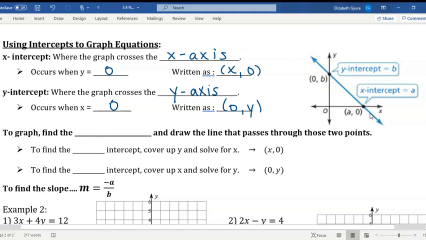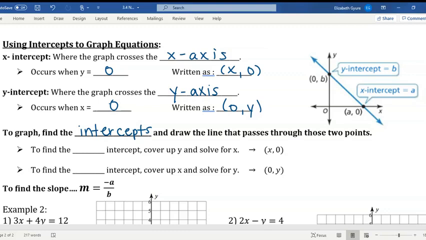So to graph using intercepts, find the intercepts and draw the line that goes through them. You draw your 2 intercepts, you take your ruler and you connect them with a nice straight line.